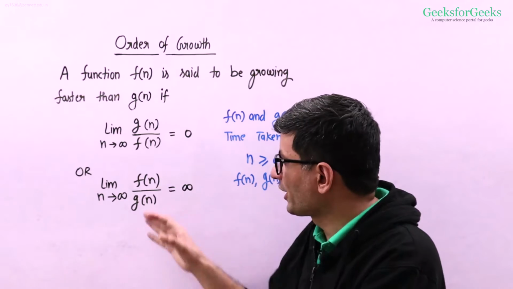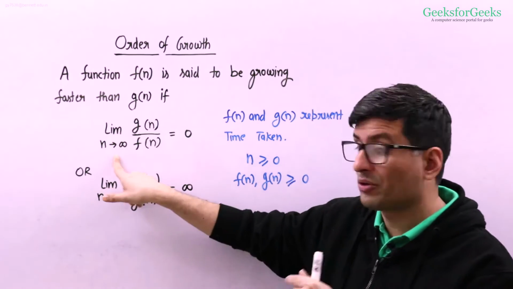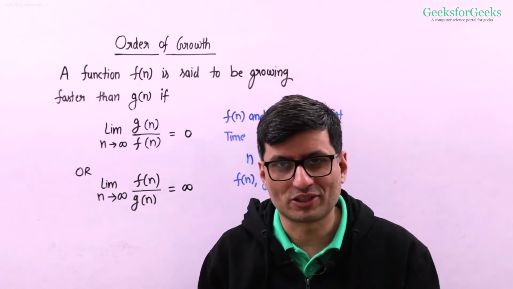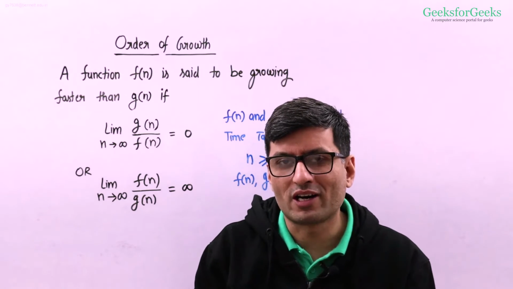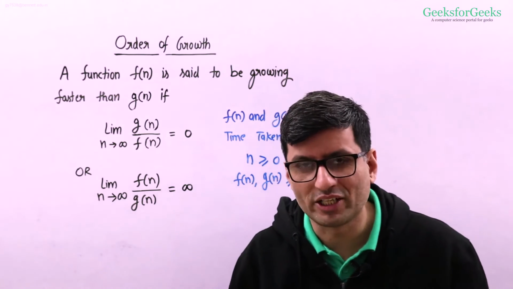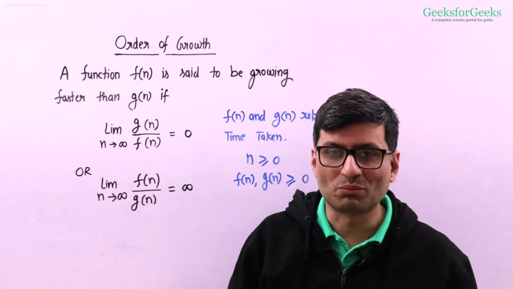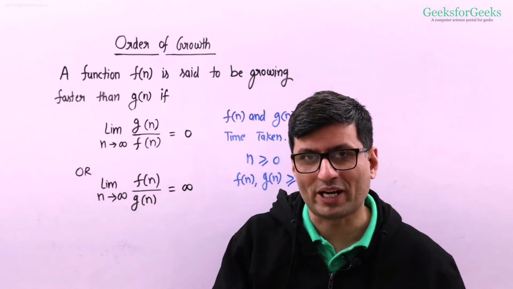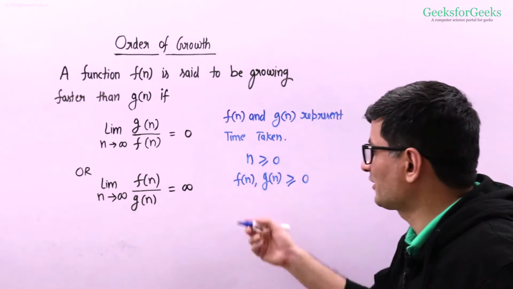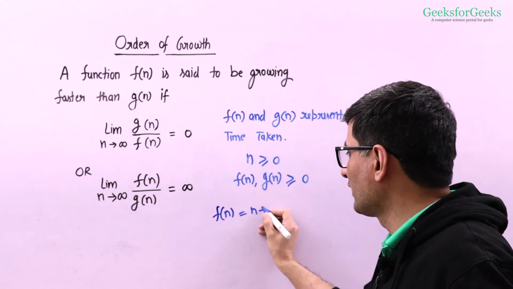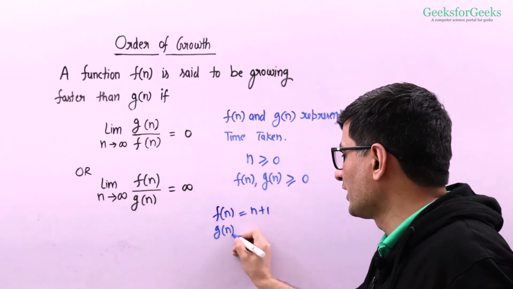If you take a closer look at these expressions, we are talking about n tends to infinity. That's what we talk about when we analyze algorithms. We always talk about large values of n, and to be mathematically true, we talk about n tends to infinity. You might be wondering that this might not give you a correct idea in a practical sense, right? For example, if there is a function f(n) whose value is n plus 1 and there's a function g(n) whose value is 1000.